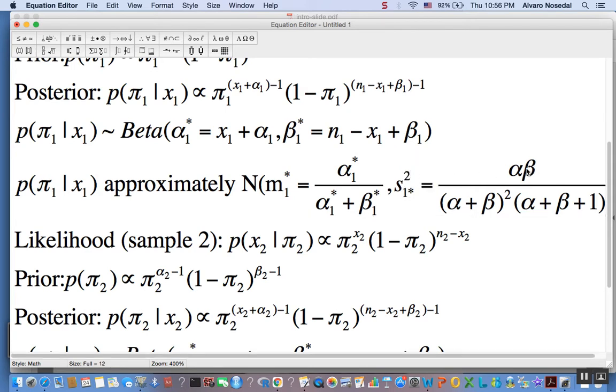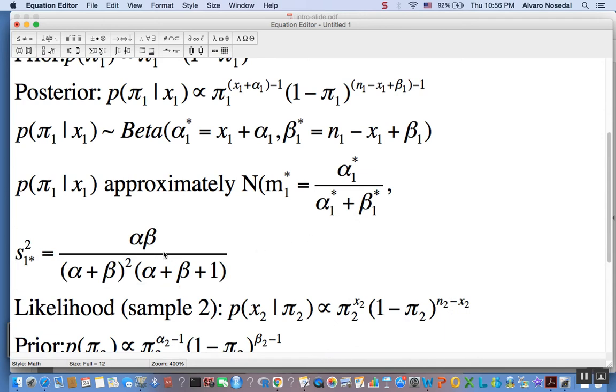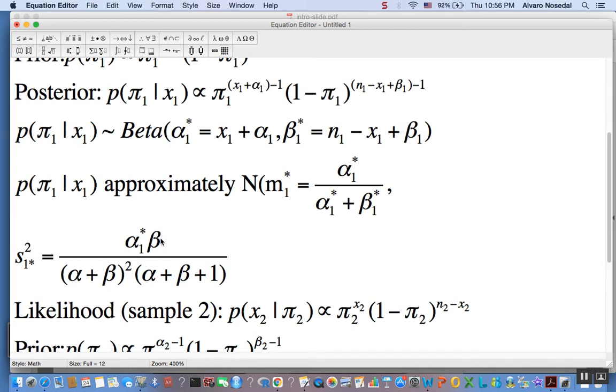And we're going to need stars for this one too. But you see what I'm doing here, right? I am approximating that beta with a normal with the corresponding parameters.